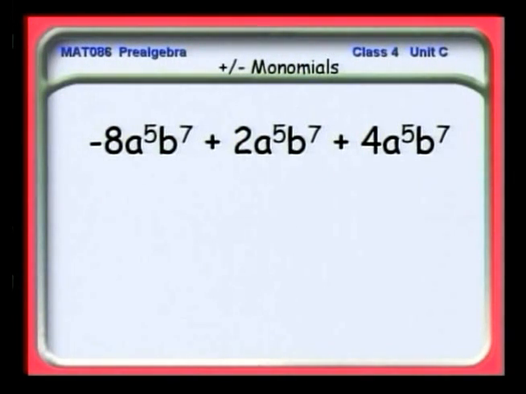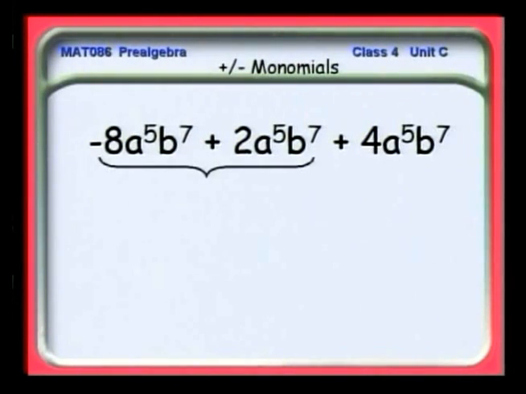We have minus 8a to the fifth b to the seventh plus 2a to the fifth b to the seventh plus 4a to the fifth b to the seventh. In each of those three terms we have a raised to the fifth power, b raised to the seventh power, so we know that we can add these because the parts containing the variables are exactly the same.